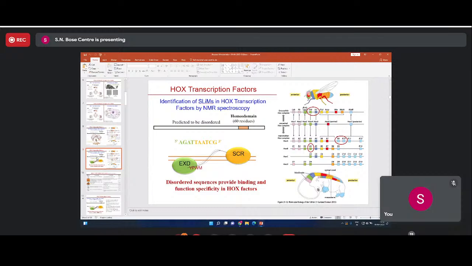Now, to answer your question, what we are trying to do now is look at this complex, all three at the same time, and also look at the wild type versus the mutant. We are doing that using this M-site screen, because we can do that in the presence of DNA. That we have done.